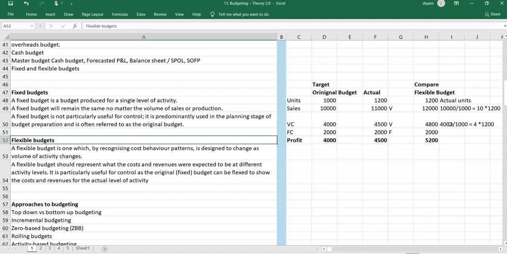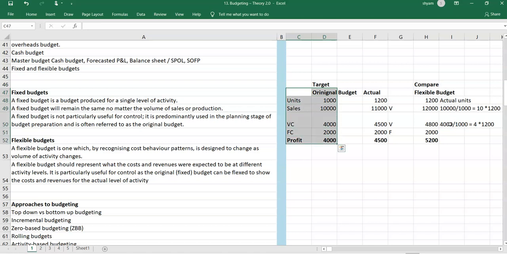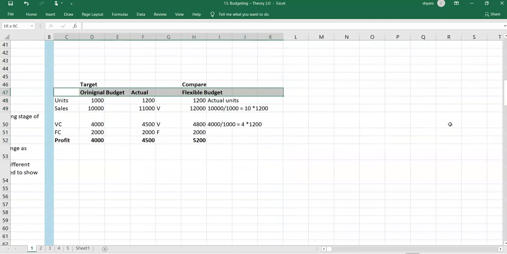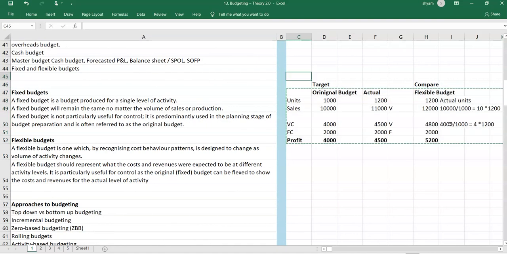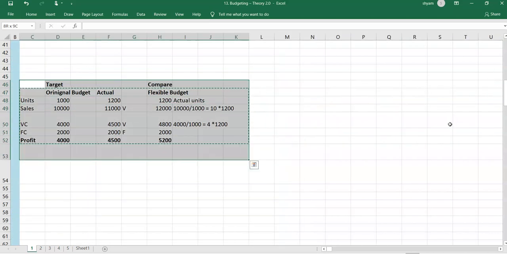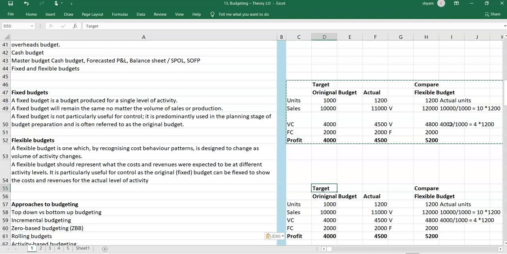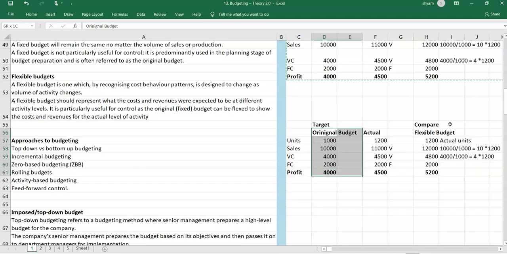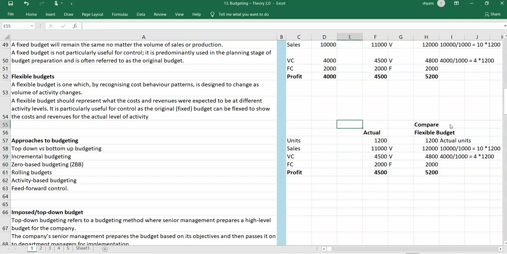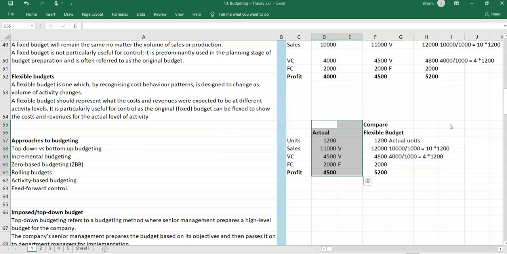Now what we do is we have to compare. What do we compare? We compare the flexible budget with the actual.